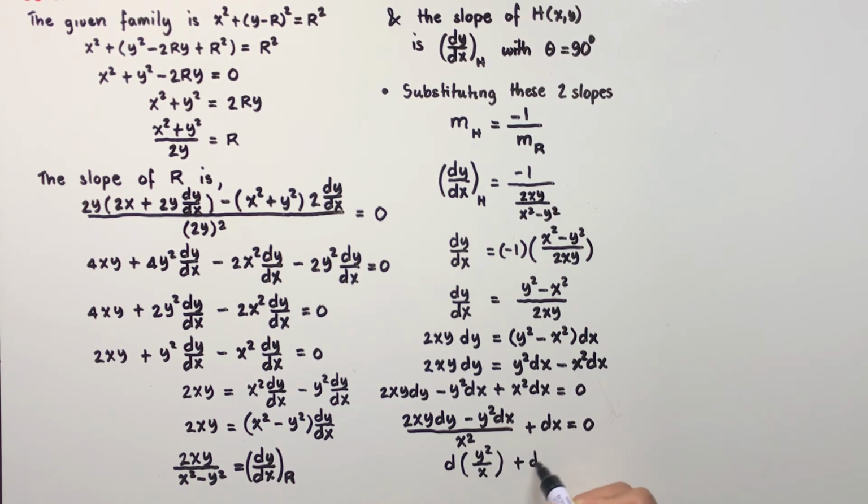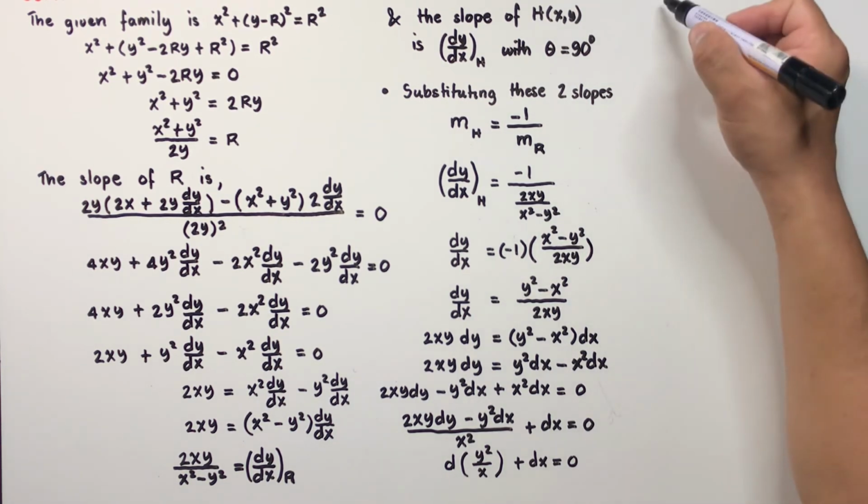And you can check that the derivative of this quotient is this one here, that we square this denominator, and that is x squared, and then we multiply this x by the derivative of y squared, which is 2y dy, and subtracted by this y squared here times the derivative of the denominator, which is dx. Thus, we can find easily the integrals of these two terms.